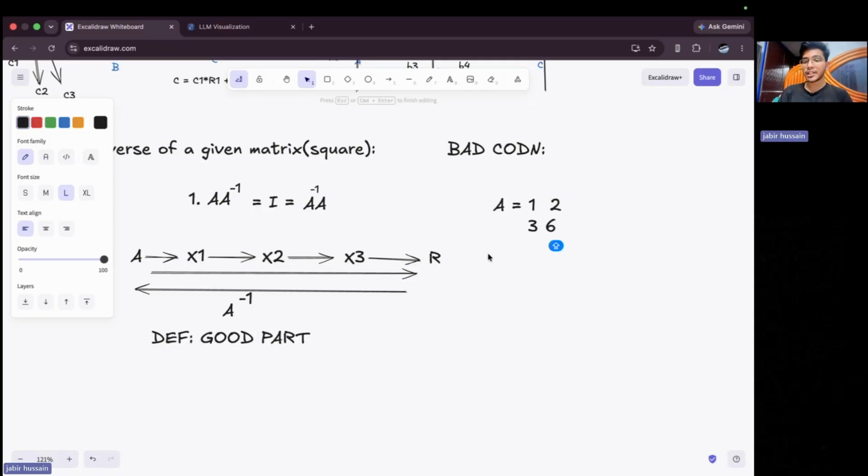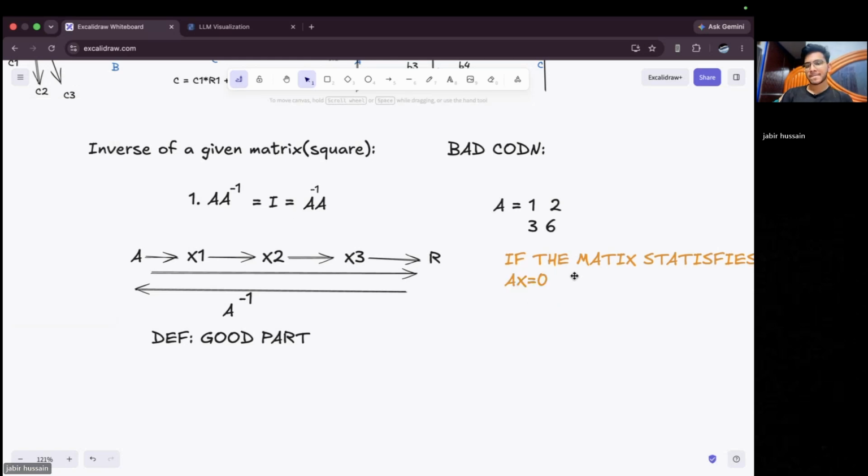There's a very simple thing: if any given matrix A satisfies this, that A multiplied by vector x gives me 0, then the given matrix is a non-invertible matrix. It doesn't have an inverse.